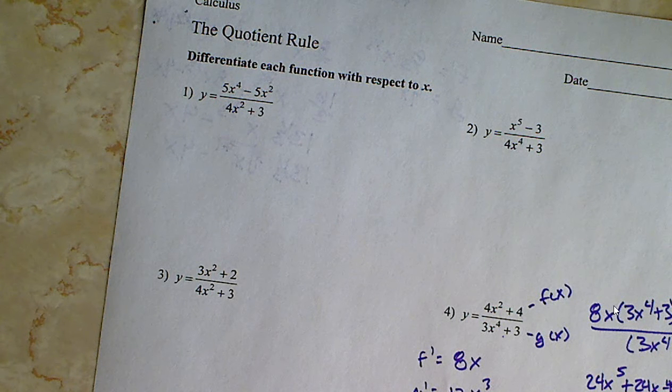It should still be 24x to the fourth. So minus 40x to the fifth. When you FOIL that out, should it be to the fourth power? Yeah, that's right. So minus 40x to the fourth, or 40x to the fifth. It should be 16x to the fourth on the bottom, or 24x to the fourth.